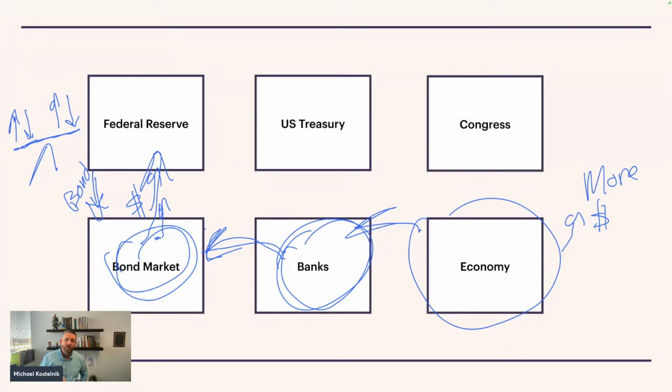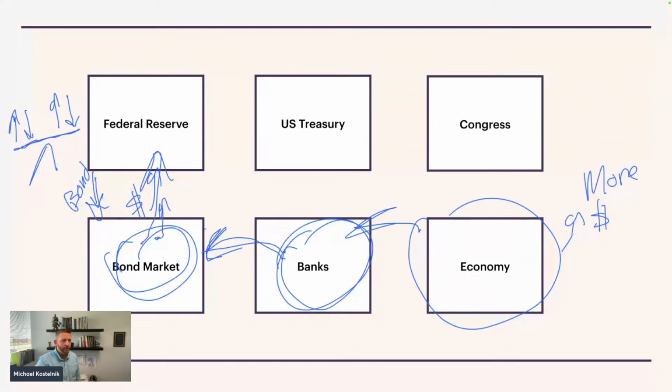That raises the interest rate. Because as bond prices go down, interest rates go up. And as bond prices go up, interest rates go down. So by selling more bonds into the system, they're essentially encouraging money to leave the system. That's what the Fed has been doing.